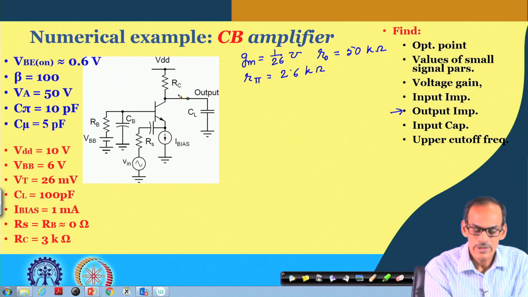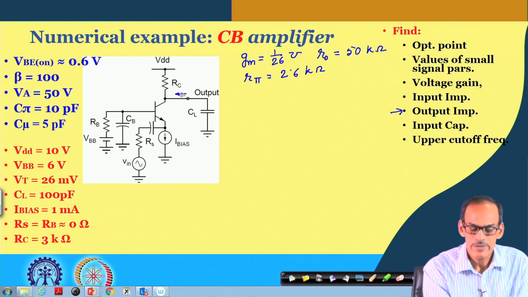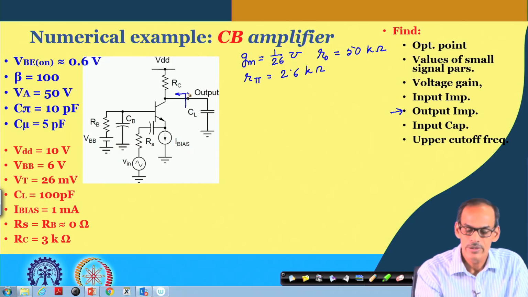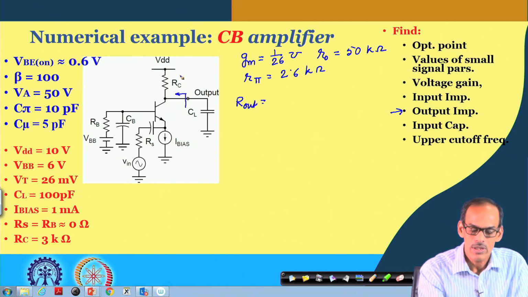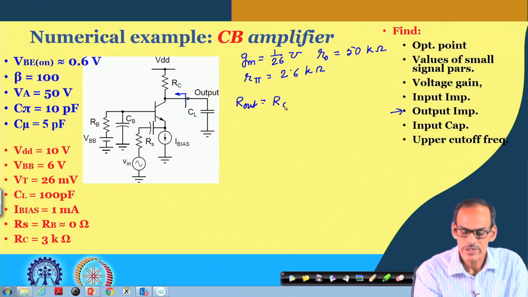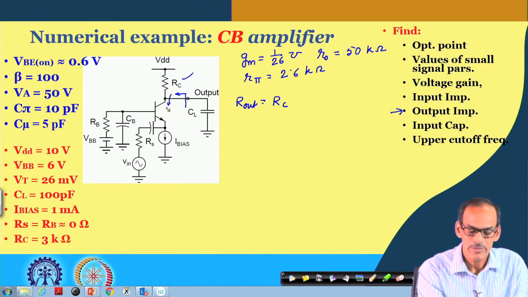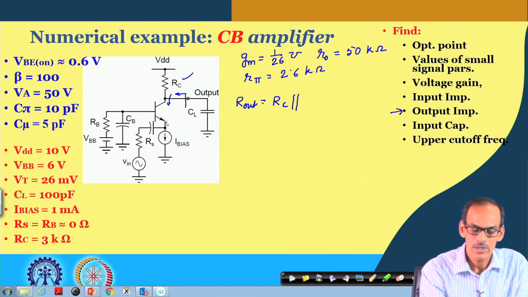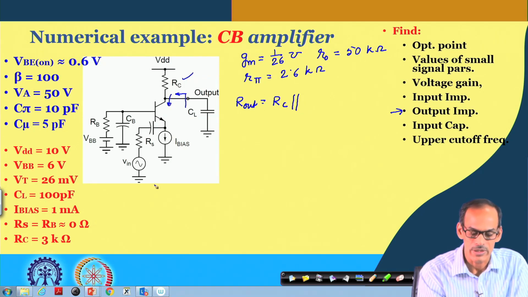Now, looking at this point, if I want to know what the corresponding output resistance will be, that output resistance is the resistance of this R C path, and then the other resistance coming from the active device in parallel. So, that is in parallel with whatever impedance we will be seeing.